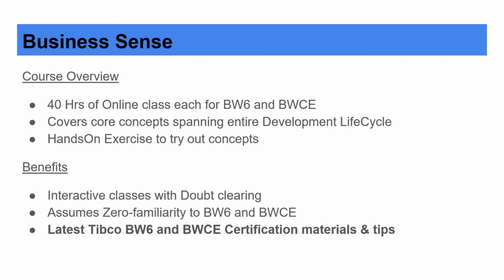So initially we take up the development part, we deep dive into different concepts, and learn the concepts as far as possible in a hands-on way. Since the development of BW6 and BWCE is at very similar levels, we cover that together. Once we are thorough with our development training, we then move on to the admin part.